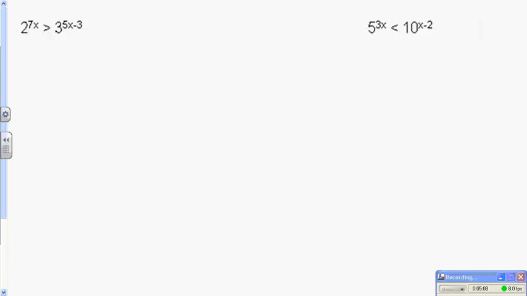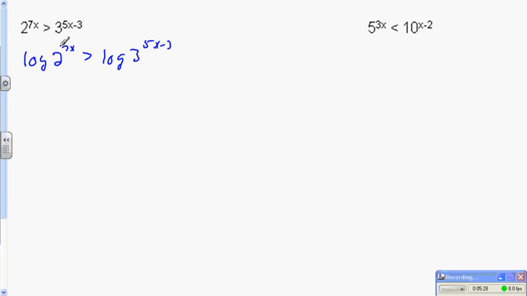Alright, now, two more questions here. If we apply the log approach, we would take log of 2 to the 7x power greater than log of 3 to the 5x minus 3 power.